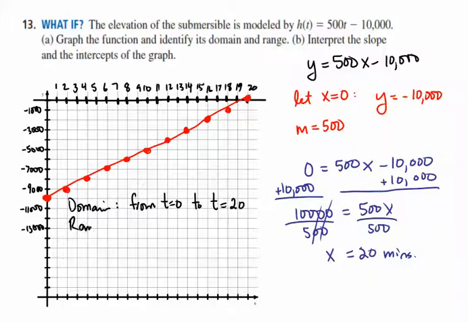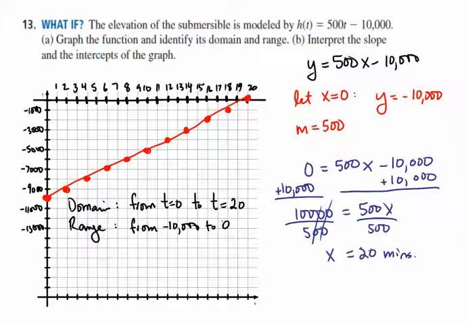The range is the set of all possible y values. So that will go from negative 10,000 up to 0. So that is the domain and the range.